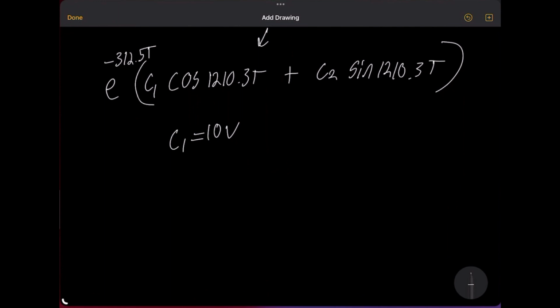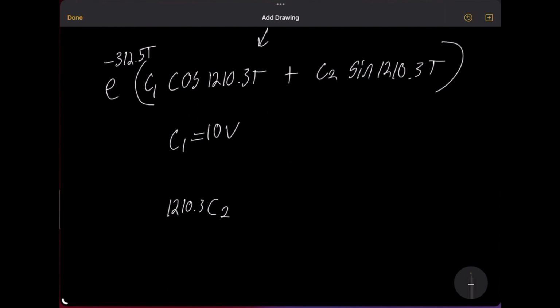So it's going to be C2 times 1210.3 cosine, and you're also going to have e to the negative 312.5 t.